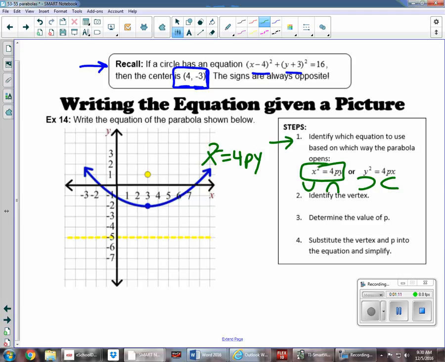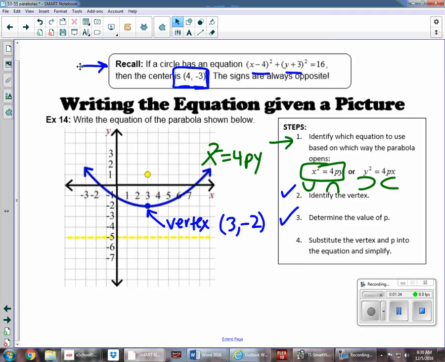Now, in order to write the equation of a parabola, I need to know step 2, the vertex, and step 3, the value of p. If you take a look at this parabola, the vertex is the turning point. The vertex of this parabola is the point 3, -2.